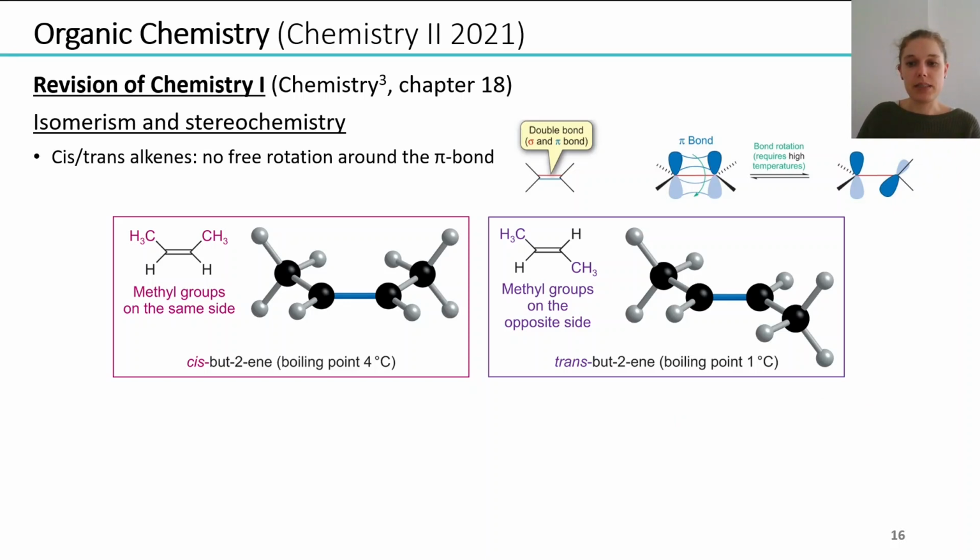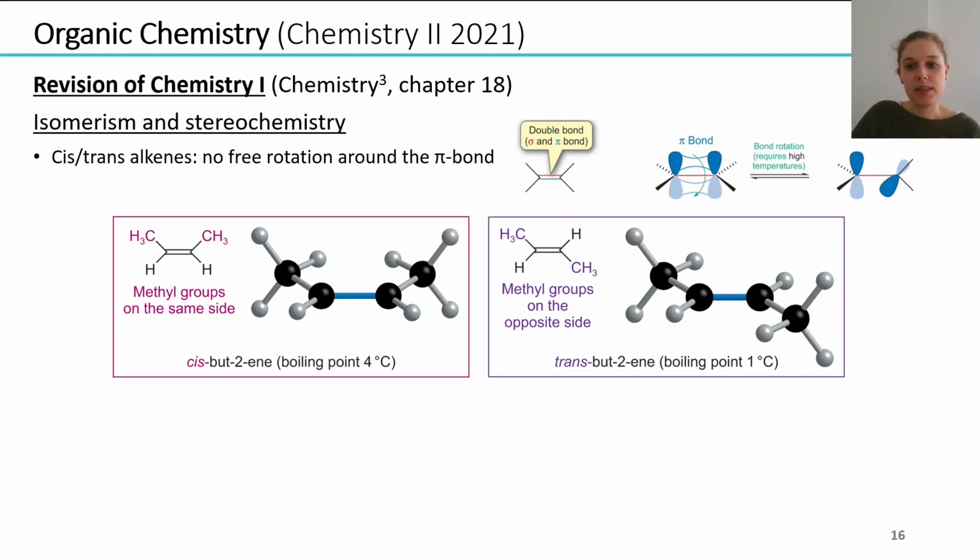Another important point related to this cis and trans configuration is the so-called Cahn-Ingold-Prelog rules, which are also known as CIP rules or priority rules. There you have nomenclature for the E and Z isomers.